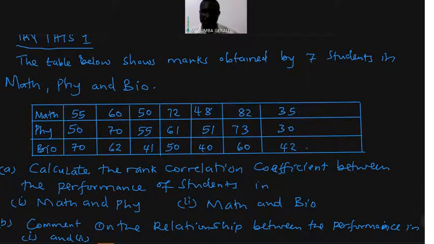So math is here, biology is here. So we need to calculate the rank correlation coefficient for the two subjects, math and biology also. Then we are tasked to comment on the relationship between the performance in Roman numeral 1 and Roman numeral 2.